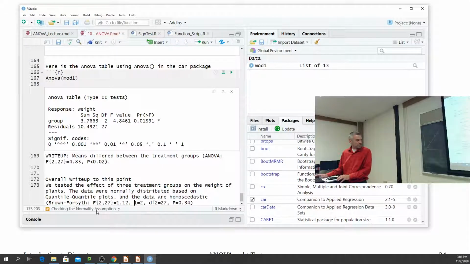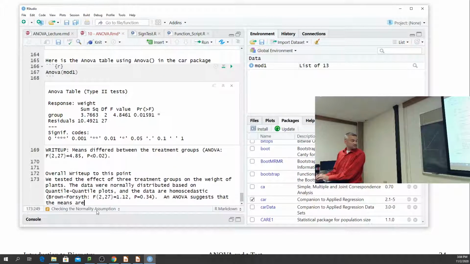I think that's going to work for us. And ANOVA suggests that the means are not equal.